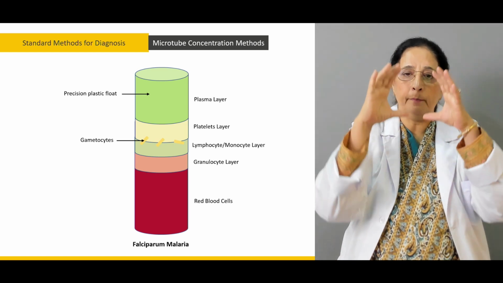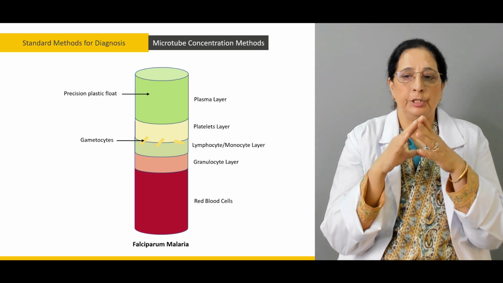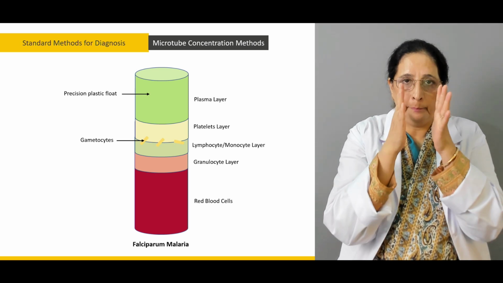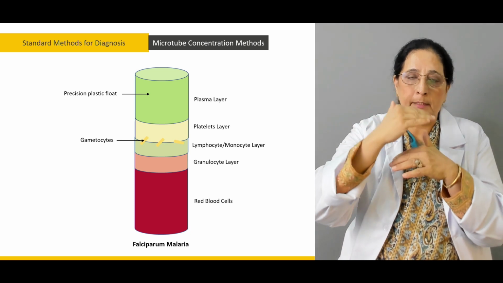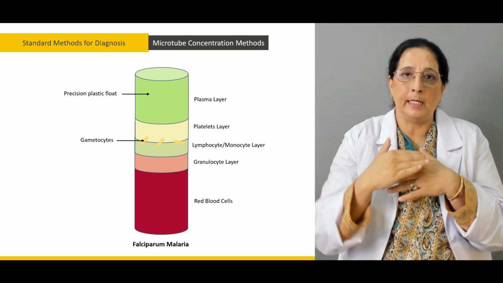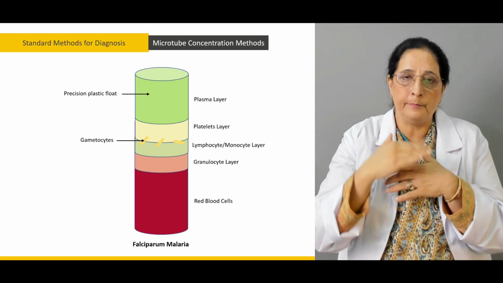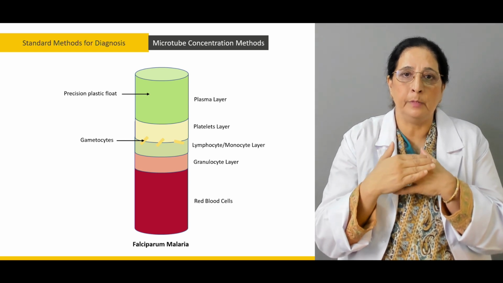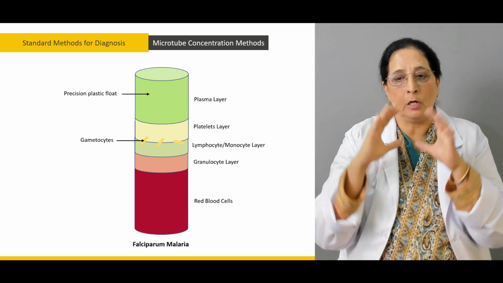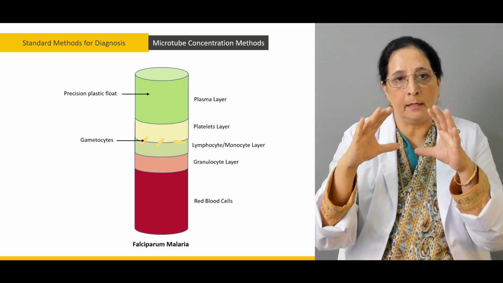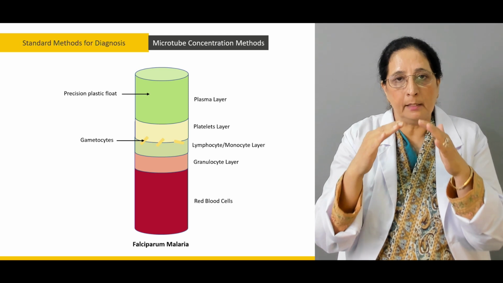So in the microtube concentration method, blood is taken in the tube, and usually the red blood cells, which are heavy, settle to the bottom, and then we have other layers present. On top is the plasma layer.